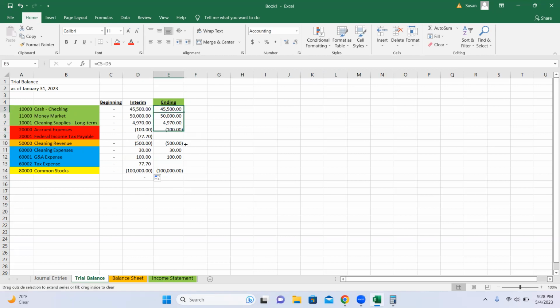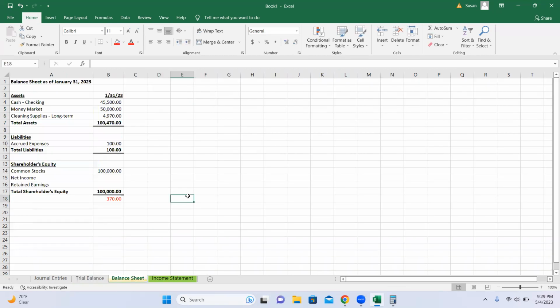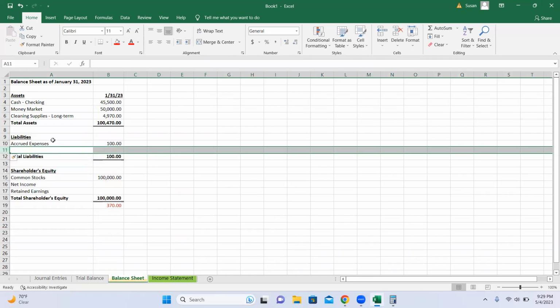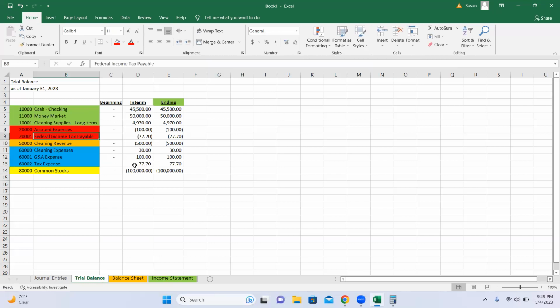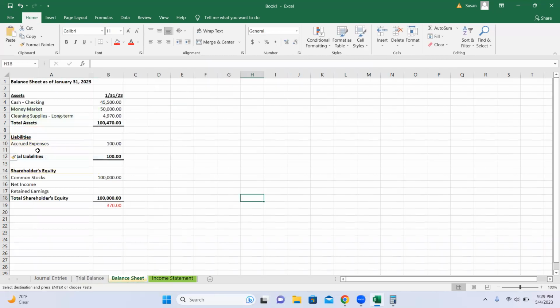And I also have to update the ending balances now because it has changed, because we factor in the taxation. So because of that, we now have a new liability, which is the federal income tax payable, because they have to pay these taxes due, but since they're not paying it right away, it's a payable.